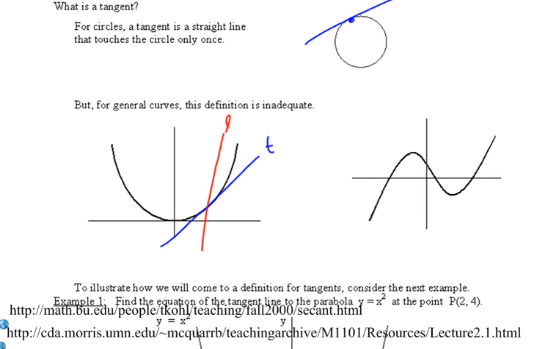Would you agree that L also only touches the curve once? I'm not asking is L a tangent. Yeah, it keeps going, but it's going to go outwards.